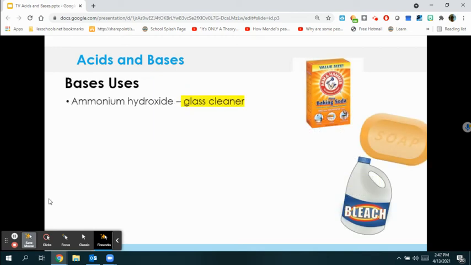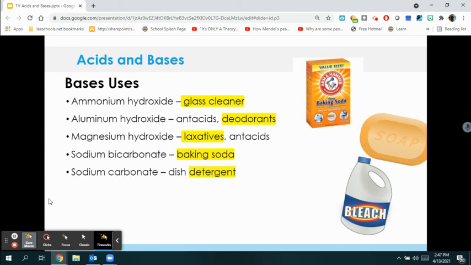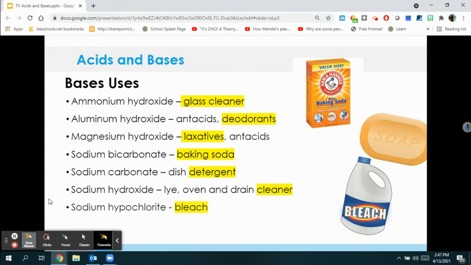Base uses: ammonium hydroxide is glass cleaner. Aluminum hydroxide is in antacids and deodorants. Magnesium hydroxide is in laxatives and antacids. Sodium bicarbonate is in baking soda. Sodium carbonate is in dish detergent. Sodium hydroxide is in lye, oven and drain cleaners.